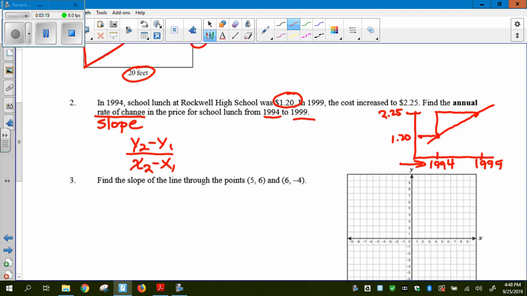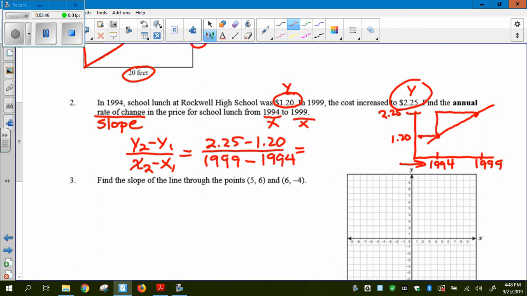So my y values are $1.20 and $2.25. I'm going to subtract those, $2.25 minus $1.20. And then my x values are my years, these two numbers. So I'm going to do 1999 minus 1994.